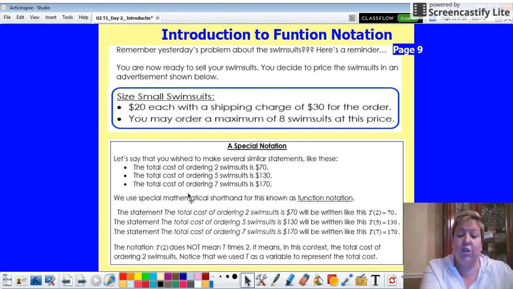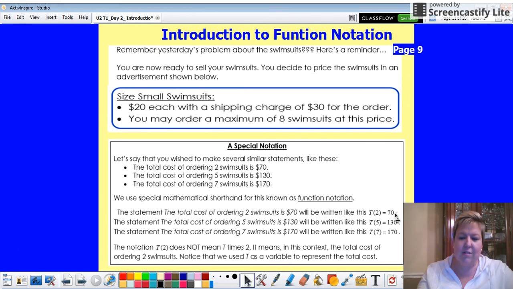The statement, the total cost of ordering 2 swimsuits is $70, will be written T of 2 equals 70. So that's how we say it: the total cost for purchasing 2 swimsuits is, that's our equal sign, $70.